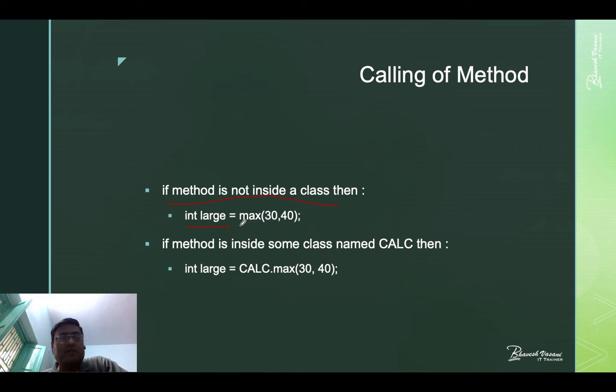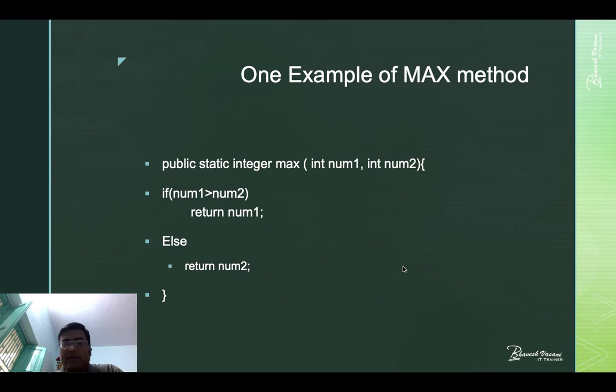Next, we are assigning a value. For that, we are using the method max, and inside the max method we are passing the arguments 30 and 40. So 30 and 40 will be assigned to the parameters num1 and num2. 30 will be assigned to num1 and 40 will be assigned to num2.